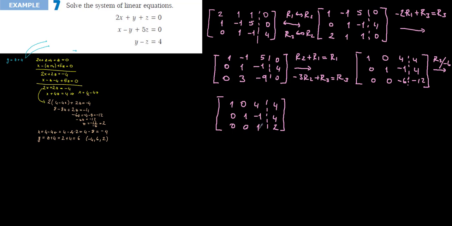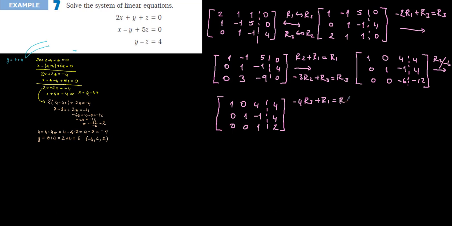Here let's firstly start with the first row. Since this is 1 and the first row is 4, I have to multiply the last row by minus 4, then add to the first row, then I will get 0 here. That's why minus 4 times R3, then add to R1, then this value is going to be 0.